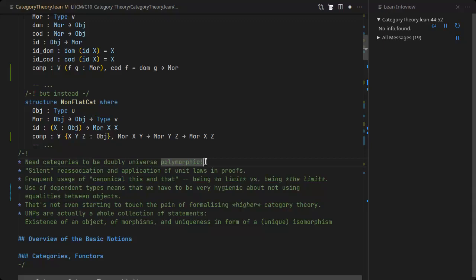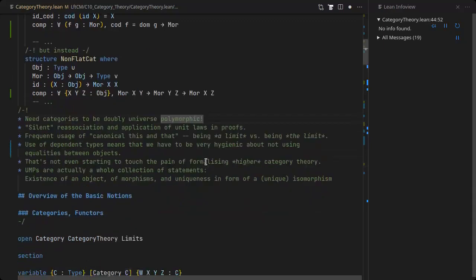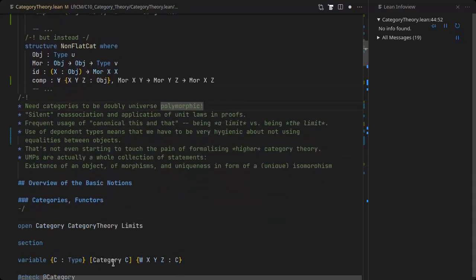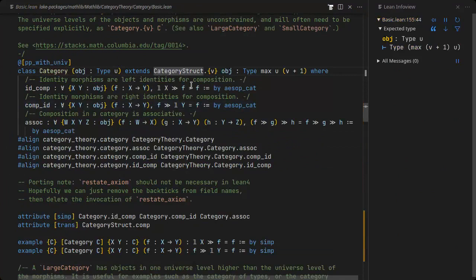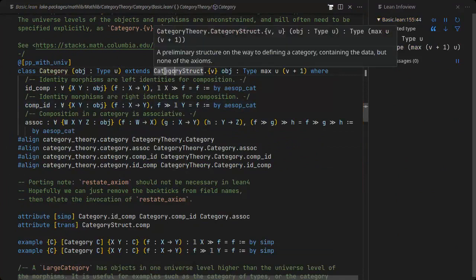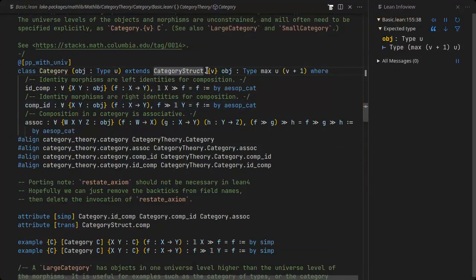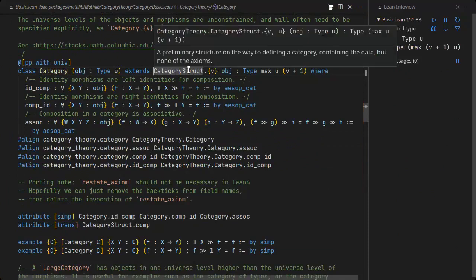And so the definition of category, I should actually control-click on it. This is the definition of the category. Okay, it's not in one place because it actually encapsulates the data in another structure.